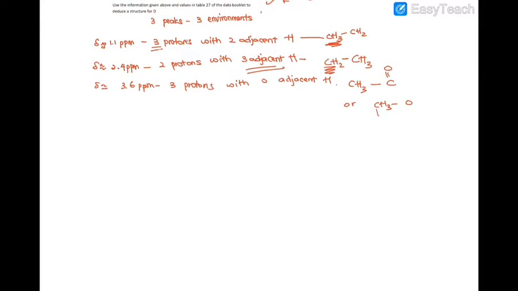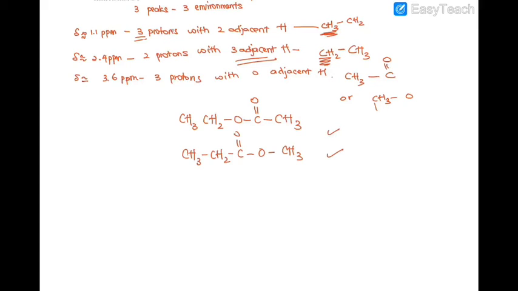So we can confirm that the structure is CH3, CH2, and then you can have CO here, and then CH3. Or it could also be CH3, CH2, COO, CH3. These 2 structures are possible.